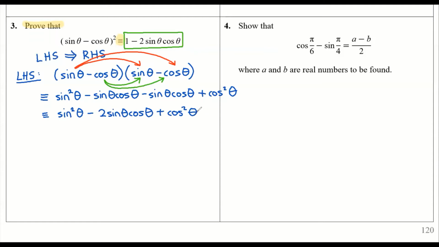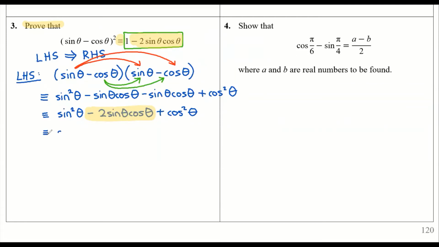So this is looking pretty good. I've got the -2 sine theta that I wanted. It's right here, staring at me. Now I need to get a 1 somehow. Well, I'm just going to rewrite it in a different order, and you should be able to see, if you haven't spotted already, what's going to happen.